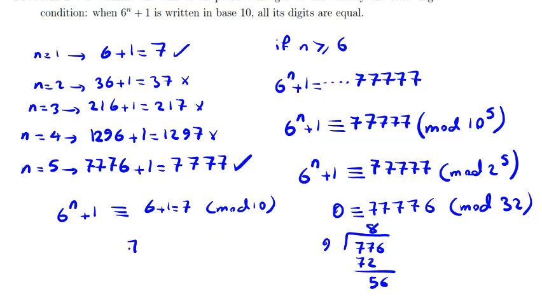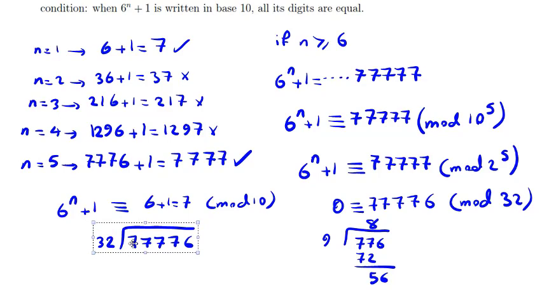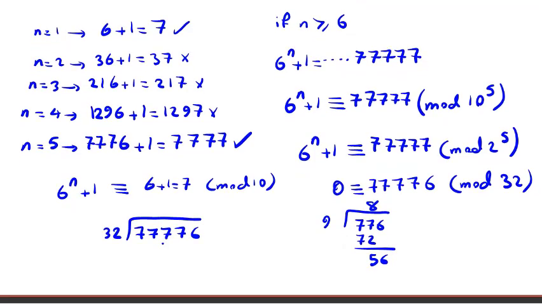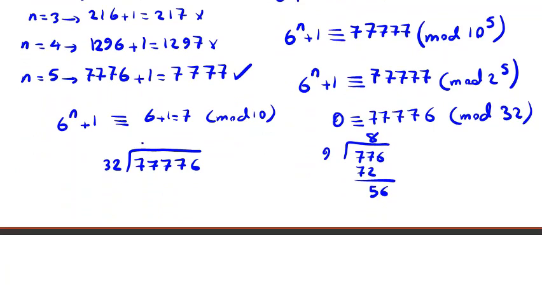So let's divide by 32 here. 77776 divided by 32. 2 times 32, 64, 137. Then 5 times 4, 128.